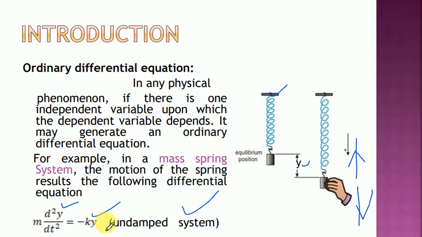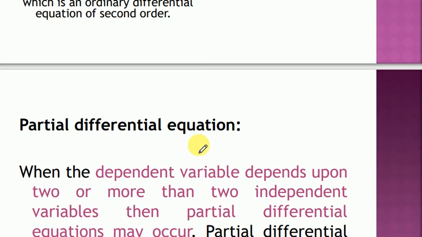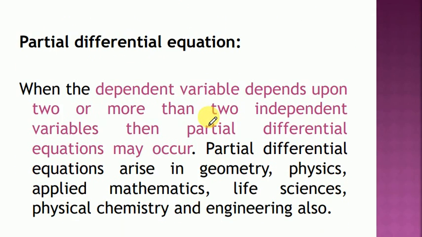So we will have m d2y over dt square equals minus ky. That means we will have an ordinary differential equation of second order. When the dependent variable depends upon two or more independent variables, then partial differential equations may occur.